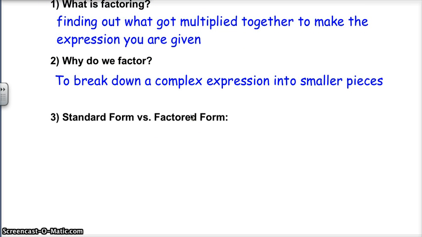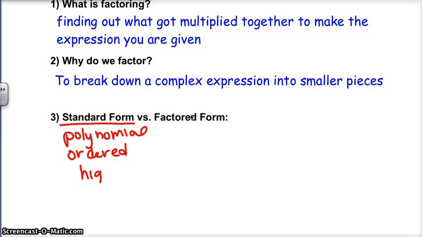Standard form. We've discussed standard form before. Standard form is when you have your problem, your polynomial, ordered so that its pieces go from the highest exponent all the way down to the lowest exponent.